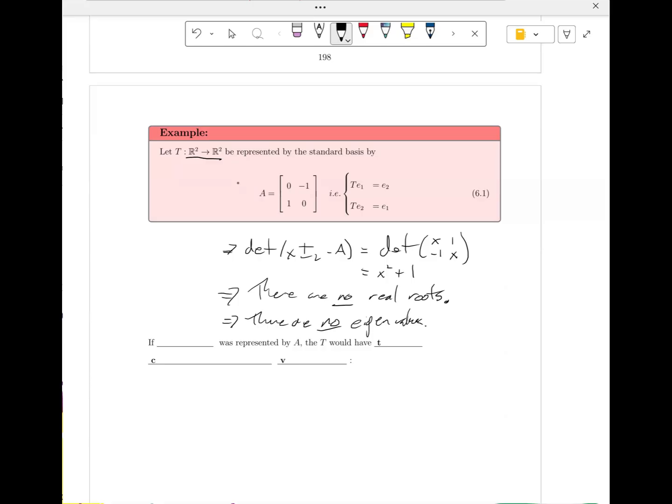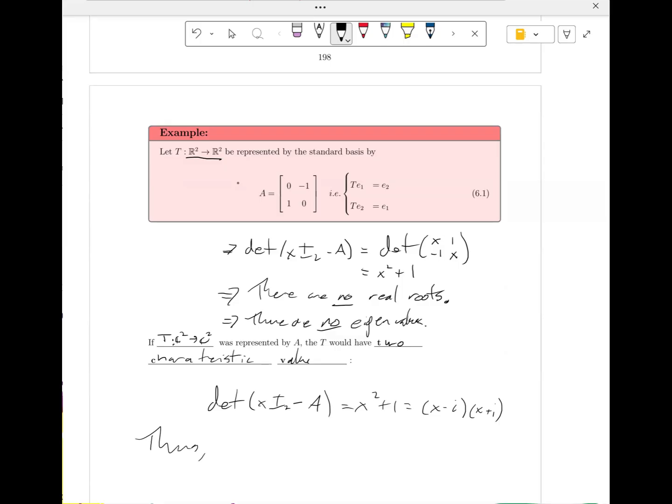Now, if T was mapping C squared to C squared, and it was represented by A, then T would have 2 characteristic values, because the determinant of xI2 minus A equals x squared plus 1, which equals (x minus i)(x plus i).